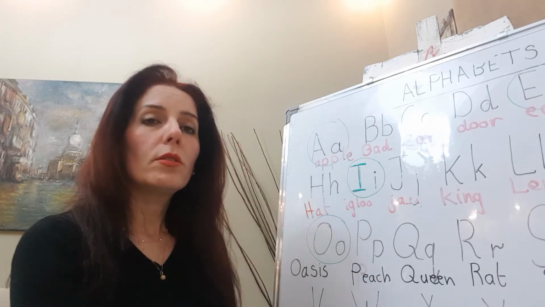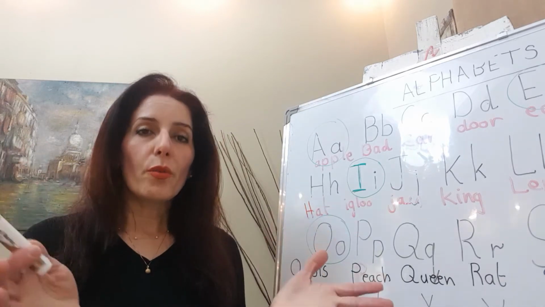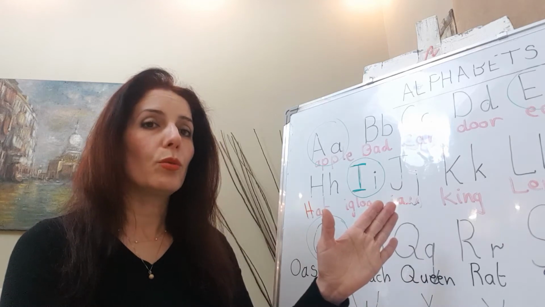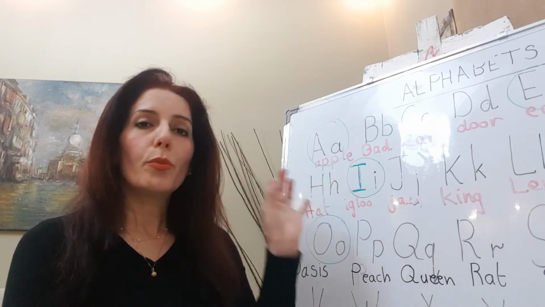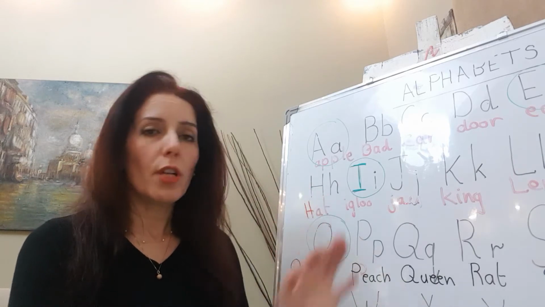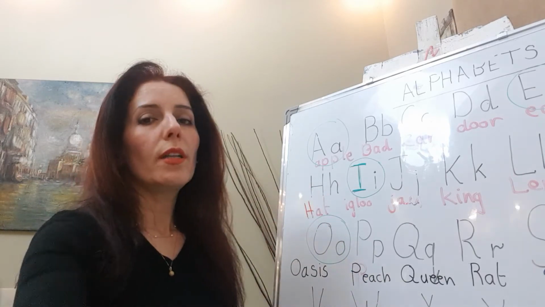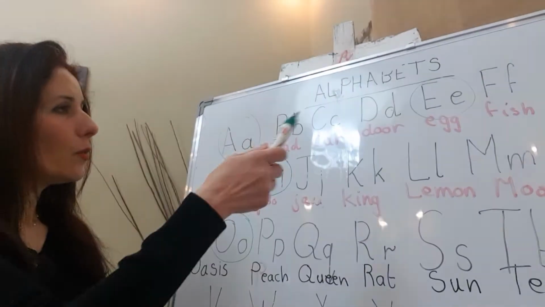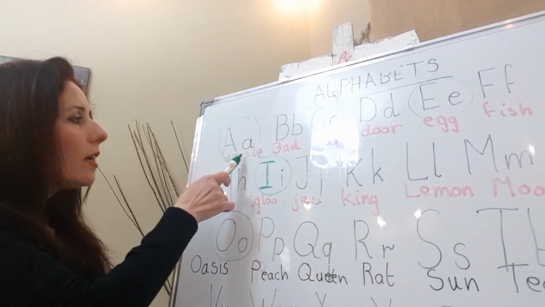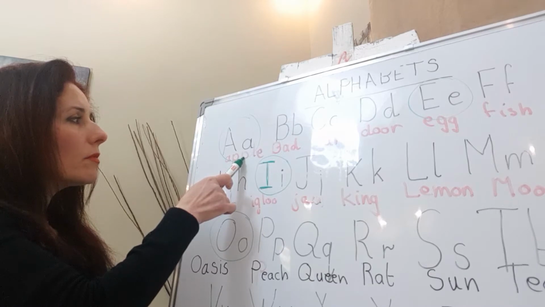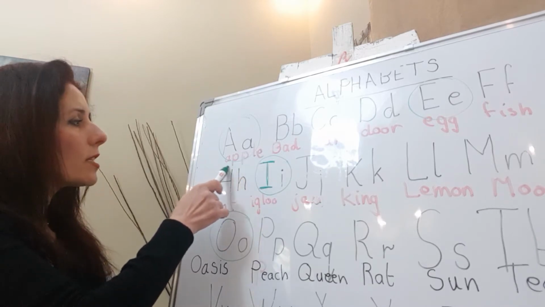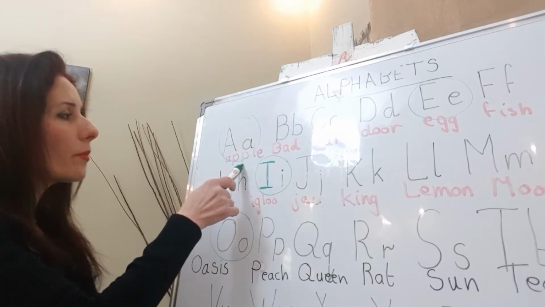So, if you want to know English from the roots of English, we have to learn how to pronounce and to know the name of each letter. The first one here, as we can see, is A. It is the name of it, A, and we can pronounce it A, just like apple.